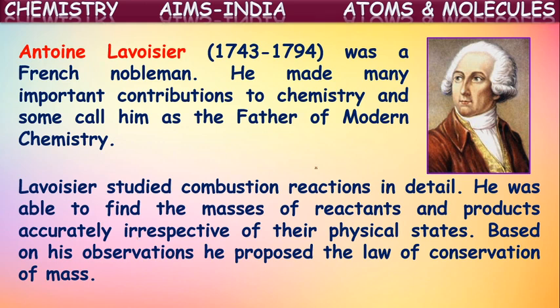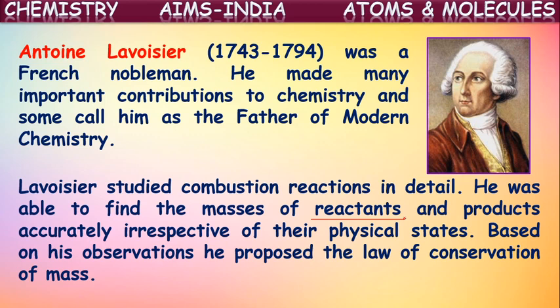What is meant by reactants here? The chemical substances which are participating in a chemical reaction are called reactants. For example, just now we said an iron rod gets rust when it is kept in the atmosphere in the presence of moisture. So what is happening there?